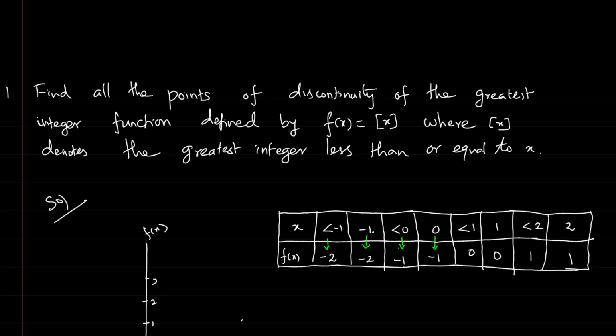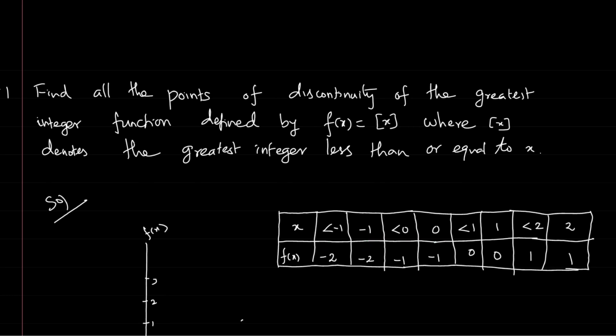So here minus 1, 0, 1, 2 are integers. Less than minus 1 means values less than minus 1 which are non-integers. Less than 0 means values less than 0 which are non-integers but greater than minus 1.